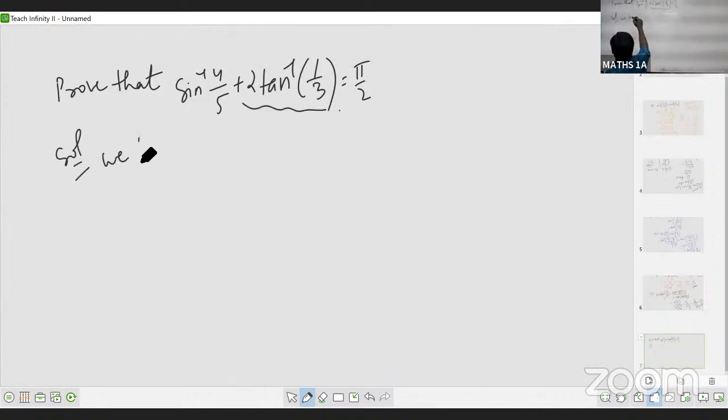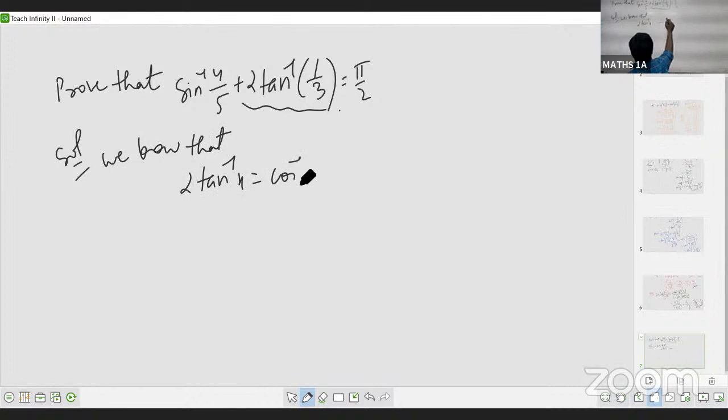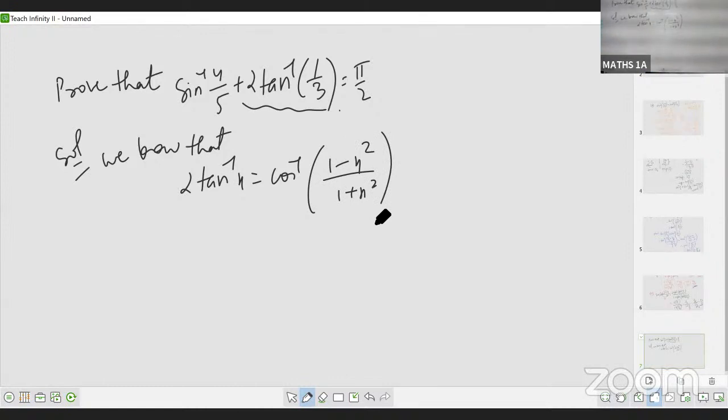Now, we know that 2 tan inverse x in terms of cos inverse is cos inverse of 1 minus x square by 1 plus x square.